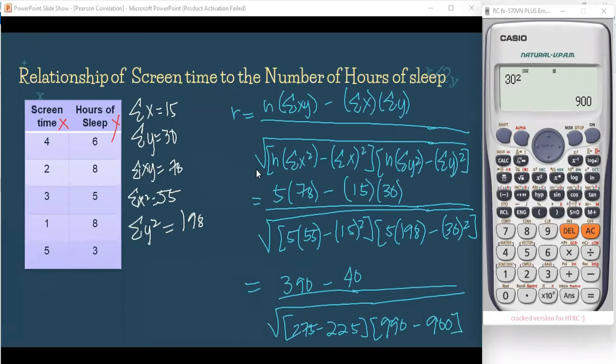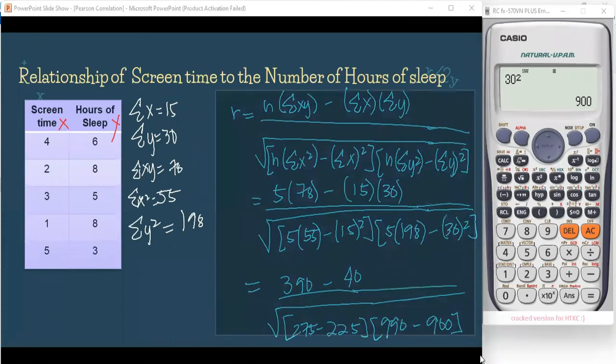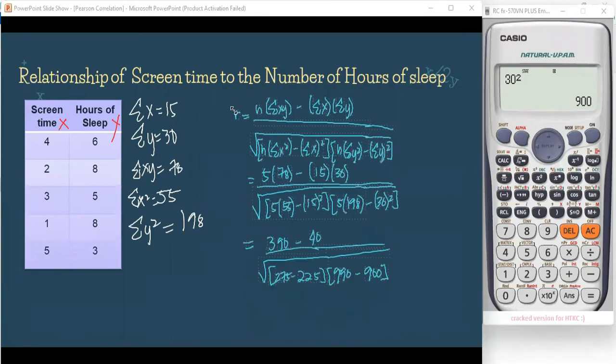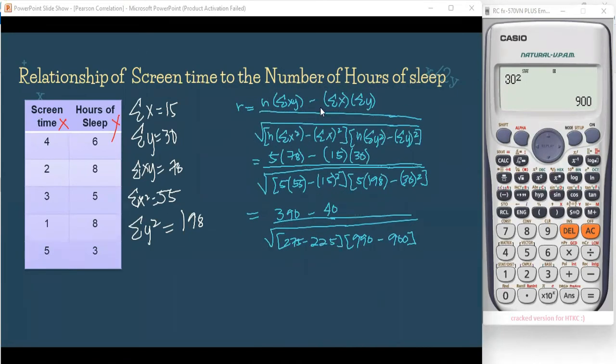Now, let's do the subtractions. So that is 390 minus 15 times 30, 450. So this is 450. Check lang po natin na mali yung pagsulat.